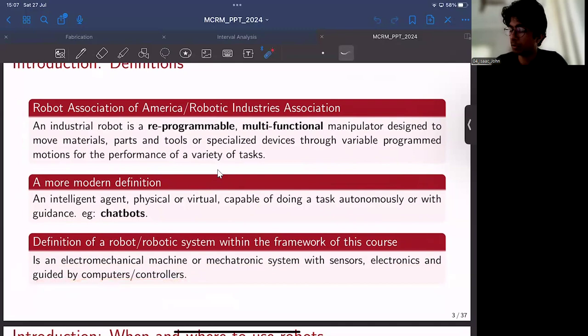So whatever we have defined, the virtual aspects or the virtual entities, you don't consider for this course. We are only specifically focusing on electromechanical machines or mechatronic systems, incorporated with sensors, electronics, and which are guided by computers or controllers.